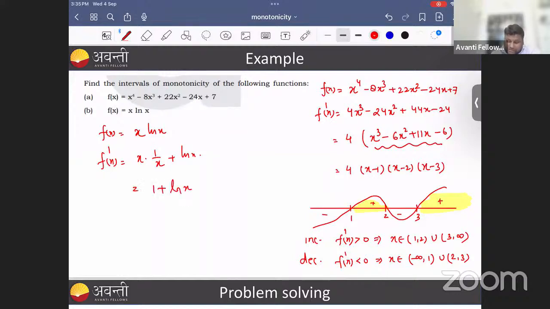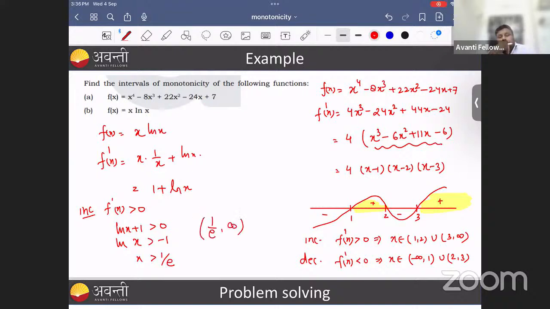So the function is increasing when f dash x is more than 0. Got it? f dash x more than 0 means ln x plus 1 more than 0. Means ln x more than minus 1. So x is greater than 1 upon e, e to the power minus 1, which is 1 by e. That means the function is increasing from 1 by e to infinity. Fine.